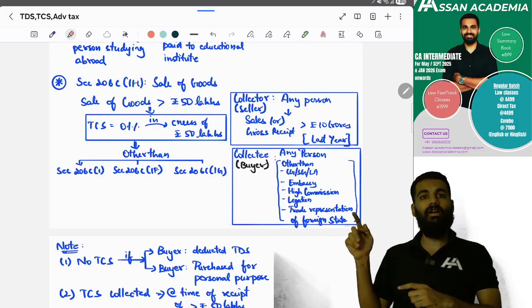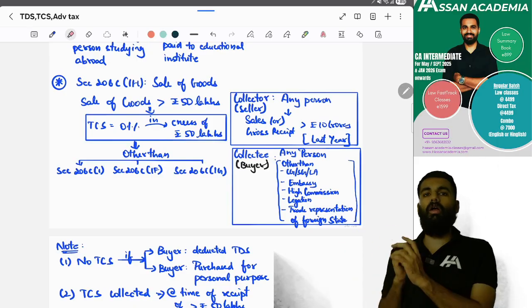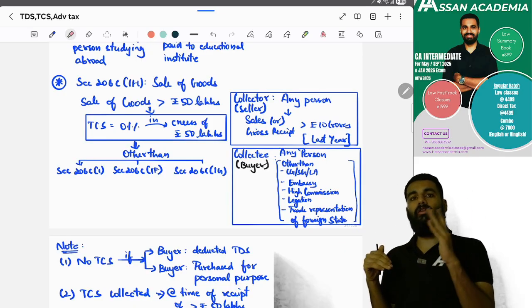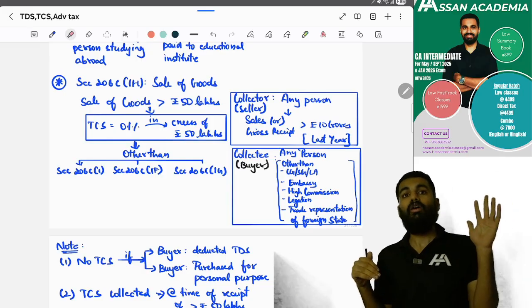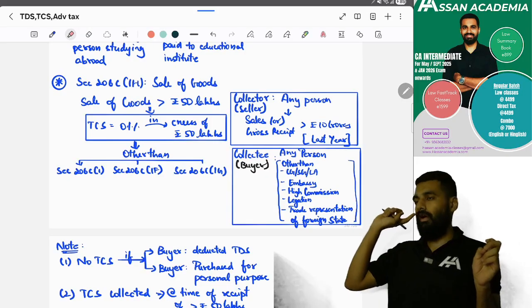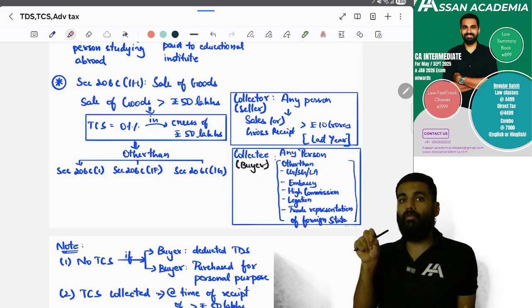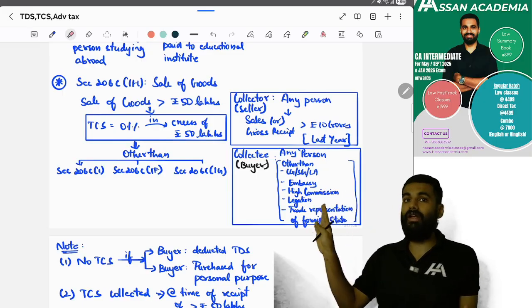What is 194Q? The buyer, in the last preceding previous year, if his turnover is more than 10 crore rupees and he is making a payment to a person of more than 50 lakh rupees, 194Q will get attracted.